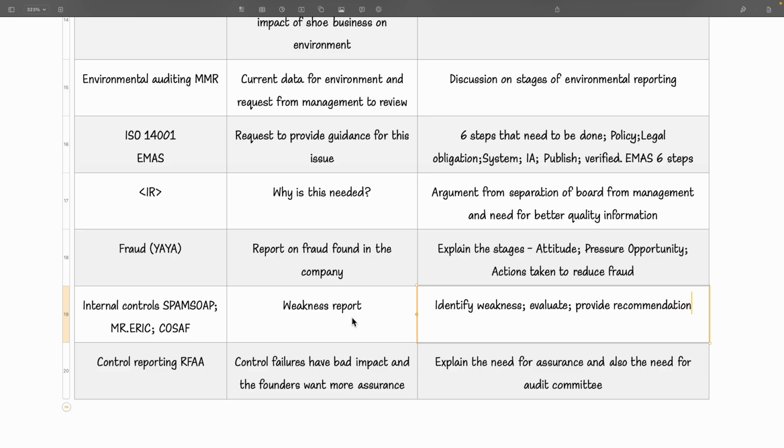So the question for spam soap or this one might be related to what is going on inside here.